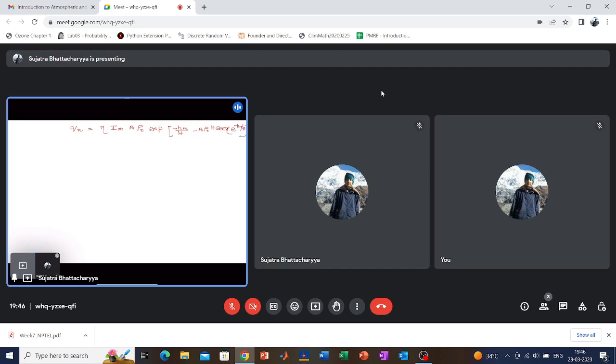Therefore qm will be eta I infinity a rho naught. I am taking minus hm by H to be common, and e to the power minus a rho naught h sec chi e to the power minus hm by H. Sorry, this is not required.